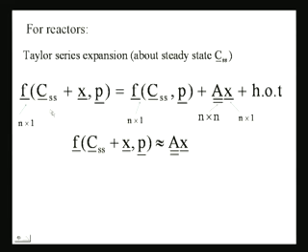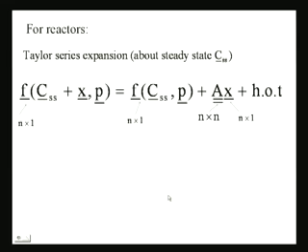It's very straightforward. It's not rocket science. The higher order terms are ignored, and then f(css) is a steady state, so that's 0. So we just put that over here. The approximation sign is not for f(css), which equals 0, but for ignoring the higher order terms. So, f(css + x, p) equals Ax.